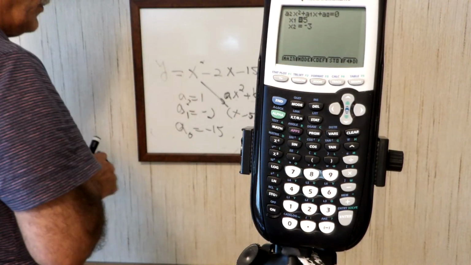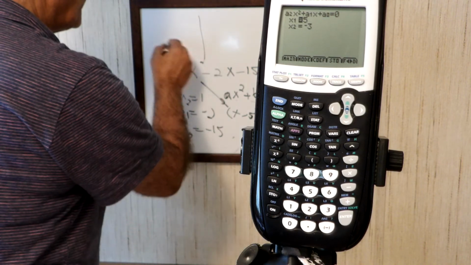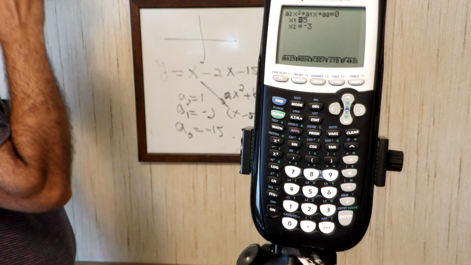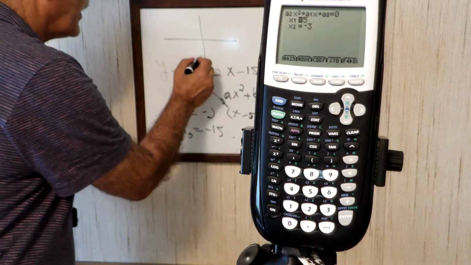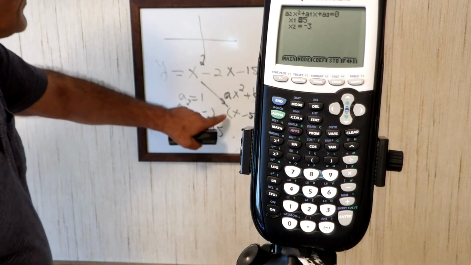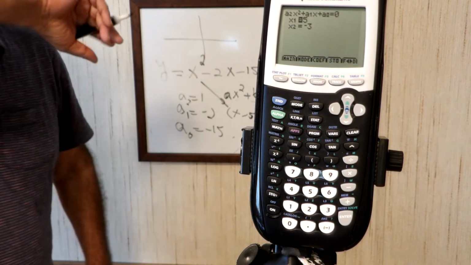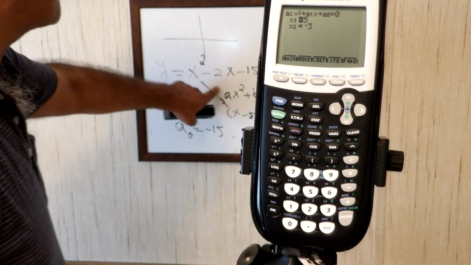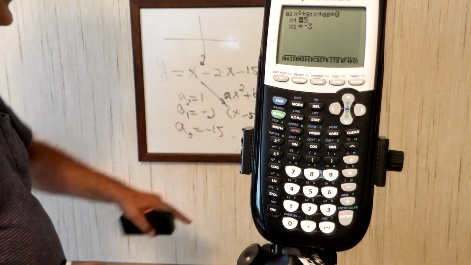What is showing here is, if you put this in the calculator, and then follow the procedure I talked to you about, you give the values and it gives you the answer.